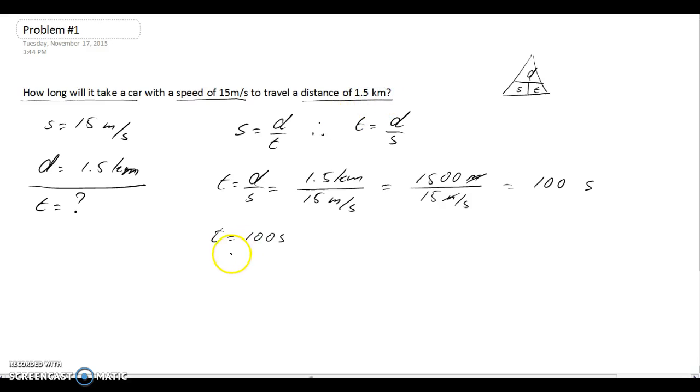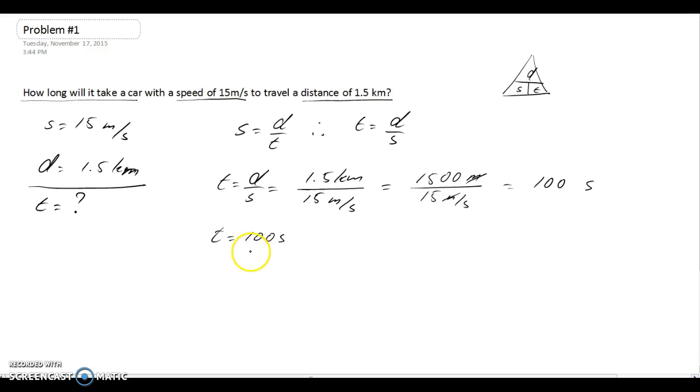Now, it's very rare that you hear the time of 100 seconds. If anything is over 60 seconds, we usually convert to minutes and seconds. So in order to get credit on our more difficult problems, you're going to have to convert this into a unit of time that is more commonly used. So instead of using 100 seconds, we should convert this into minutes, either fractions of minutes or minutes and seconds.